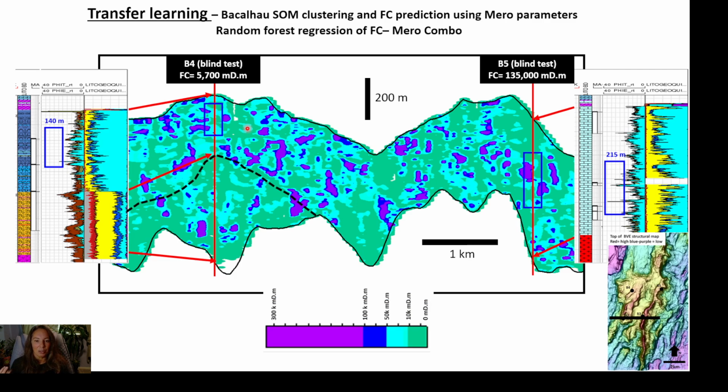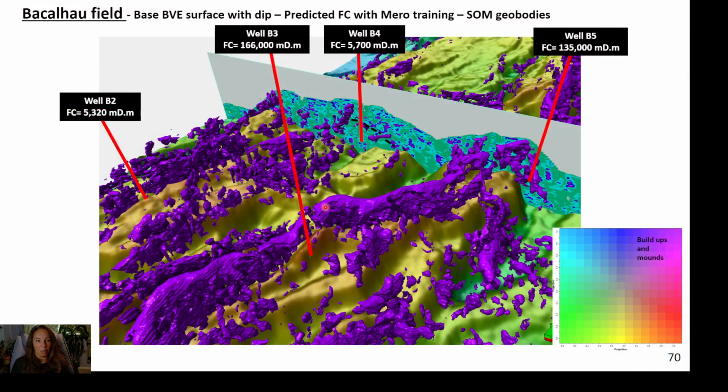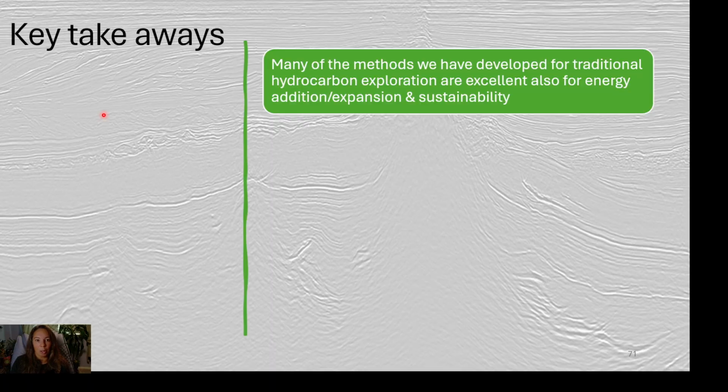And then doing a flow capacity prediction using the same parameters in the random forest regression that was used in Mero, we've got ideas of where the higher flow capacity is, so those purple colors in this Bacalhau field. And that, of course, can be translated into geobodies, and using the wells as validation, there was really good alignment. So we were very excited to show that transfer learning method.